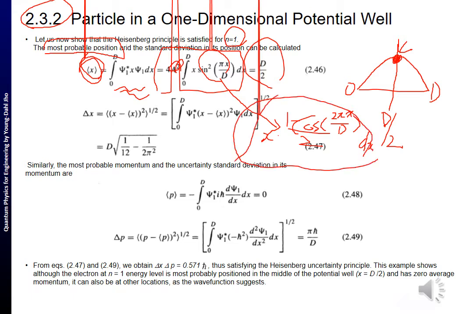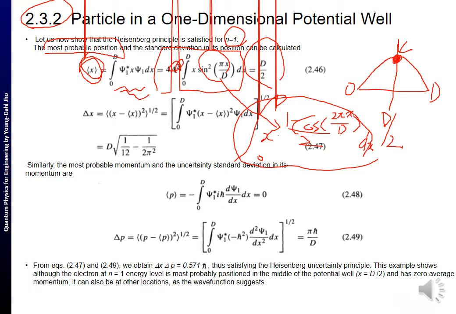If we integrate this from 0 to d, we need to use the technique of partial integration, right? Partial integration, that's what we learned from high school mathematics classes. So if you go through that process, I think everyone can do that.